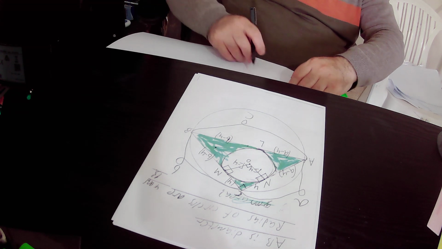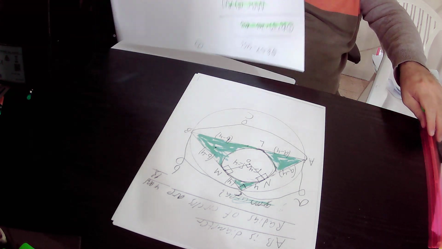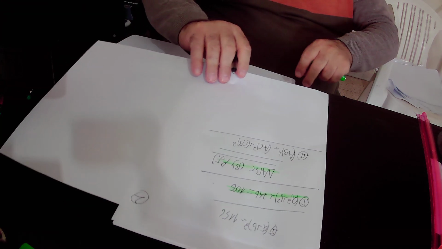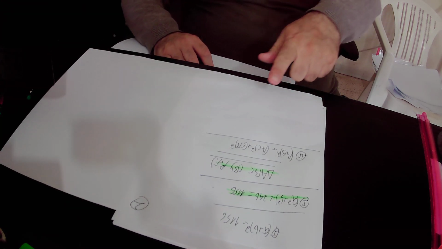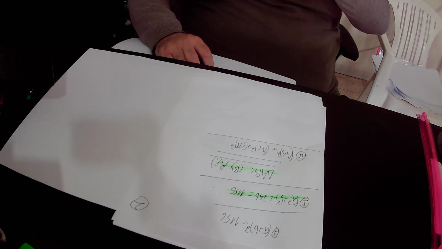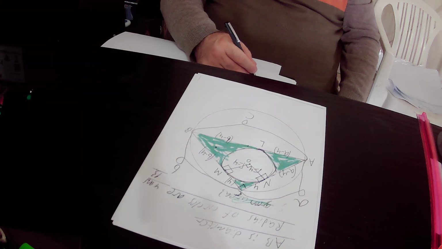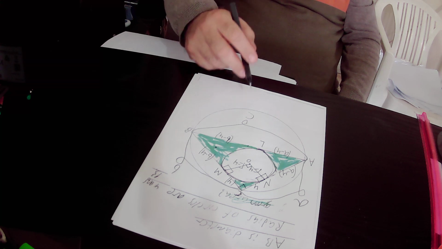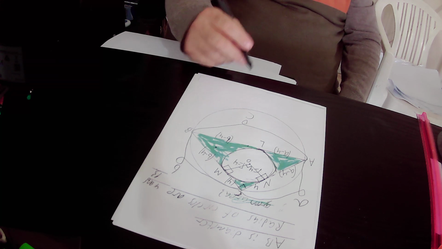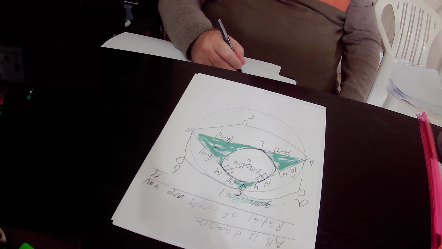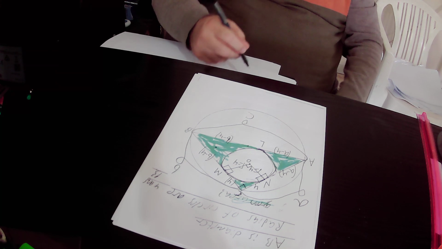I'll repeat again, in the right triangle, triangle ABC, according to the Pythagoras theorem, we'll get that AB squared equals AC squared plus CB squared. According to our definition, AB equals C, therefore AB squared is C squared, and it will be equal to AC squared.